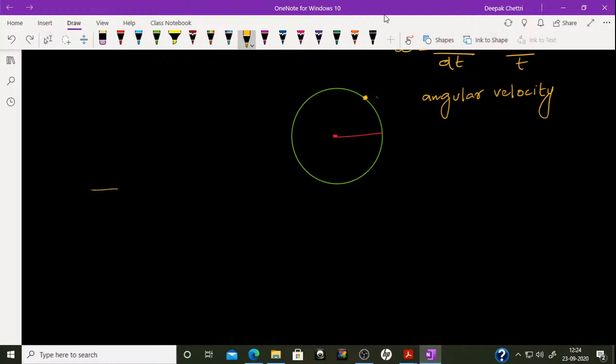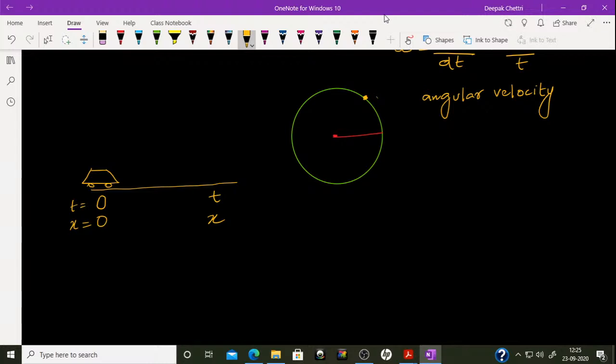Just like when I have a straight line and an object is moving on it, suppose it starts from time 0 and position 0, and after a time t it covers a distance of x.